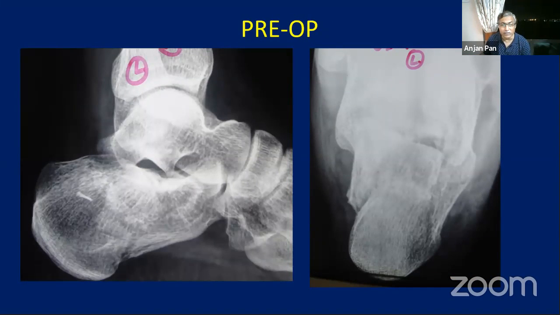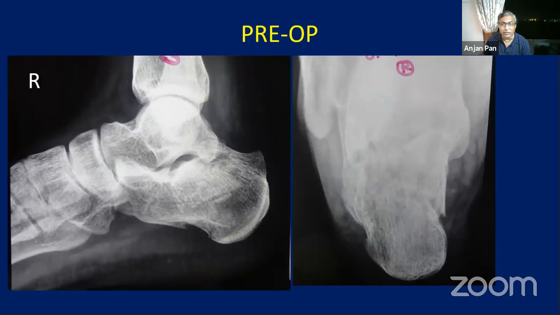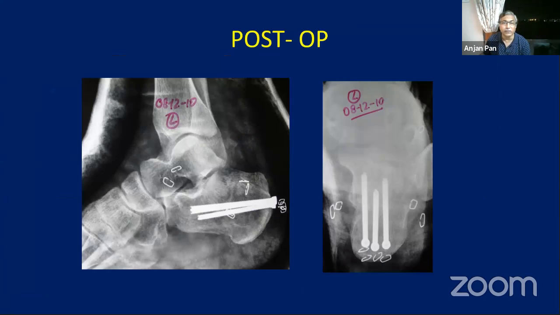These are the pictures of the left heel, and this is the right heel. These are the pre-op pictures, and post-op, these are the pictures where we reduced it and then put posterior to anterior cannulated screws, but fully threaded so that there has been no compression.